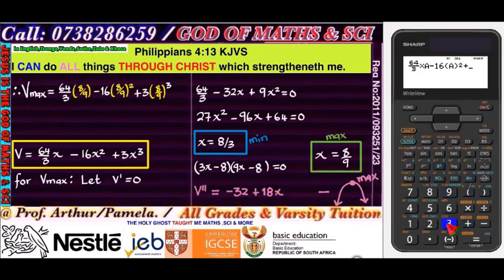Then plus 3, open the parentheses, recall alphabet A, and raise it to the power of 3.